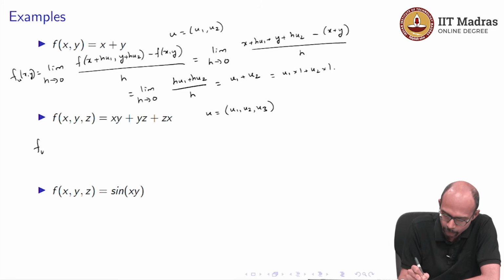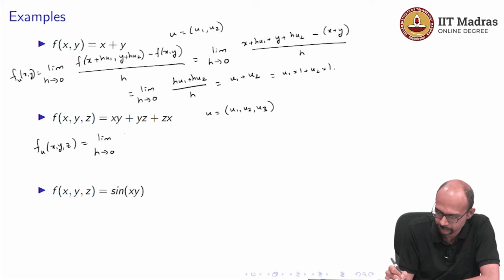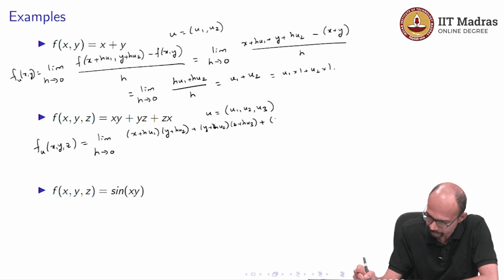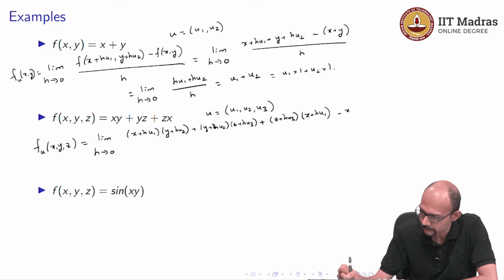So, if I try to compute this, what I will get is x plus h times u1 times y plus h times u2, plus y plus h times u2 times z plus h times u3, plus z plus h times u3 times x plus h times u1, minus xy plus yz plus zx.